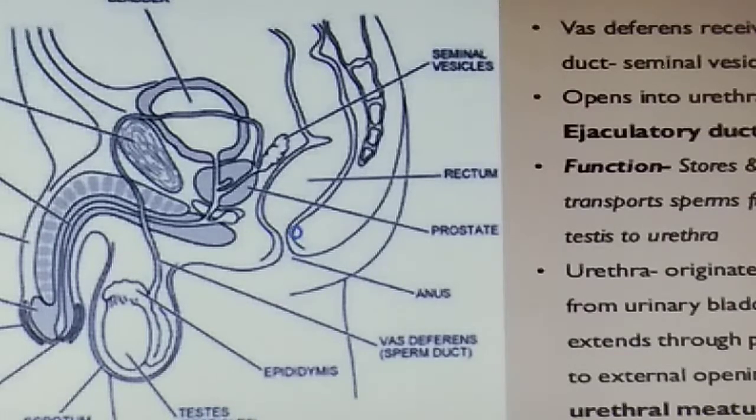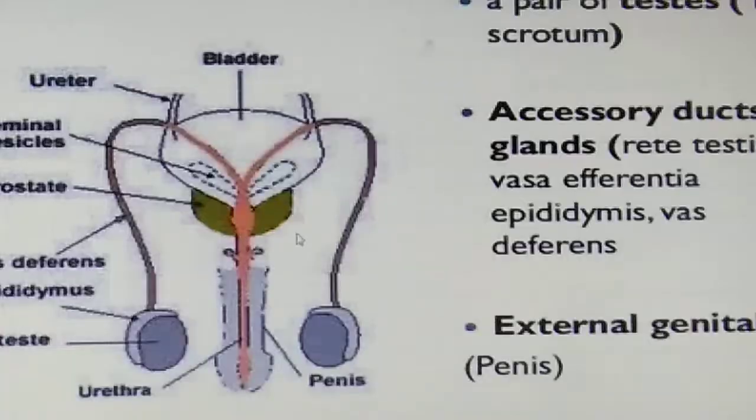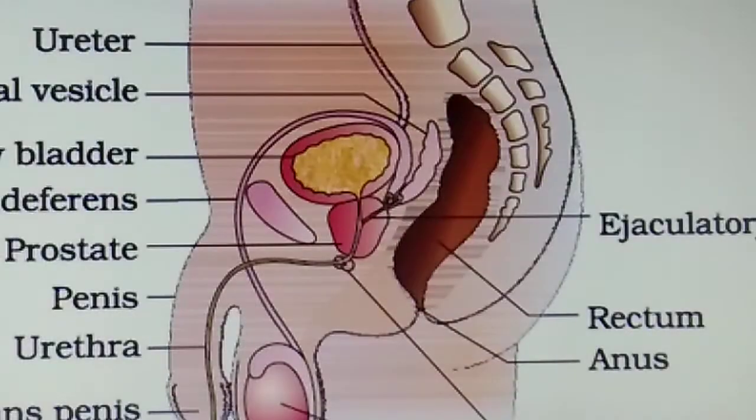Now I'm going to show you the previous structure that is much more clear, students. See, this is the vas deferens. It loops over around the urinary bladder, finally enters through the urethra. You can see here, so this is the complete structure.